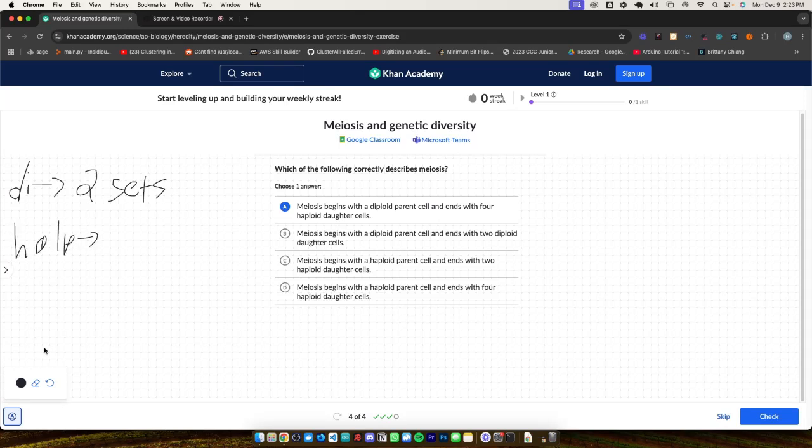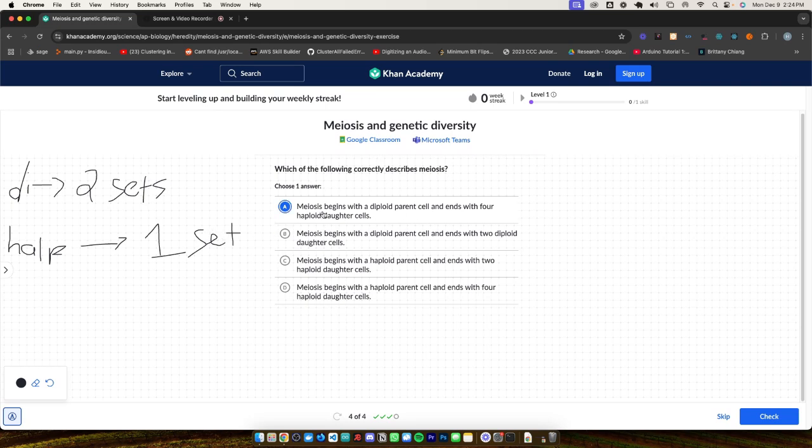I'm just going to use the prefix haplo. Let me rewrite that because that was horrible. That is talking about one set of chromosomes, right? So that's kind of like your cheat sheet.